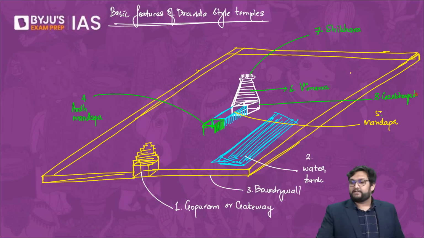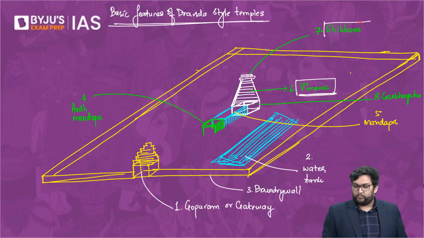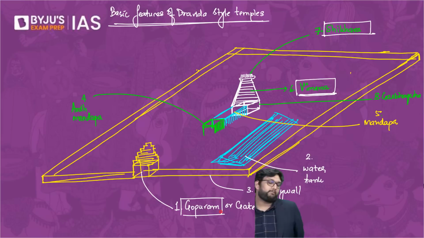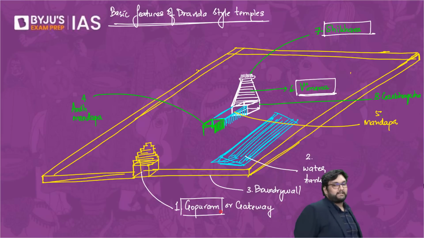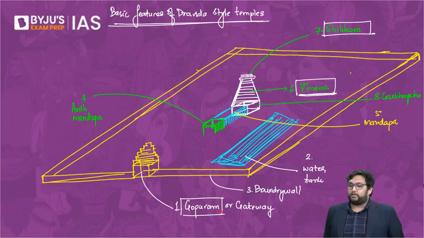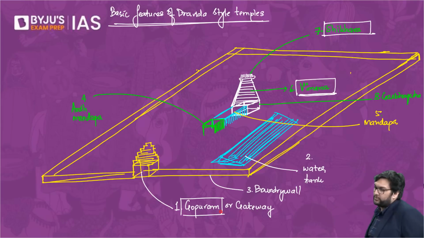So the main differentiation is here: Viman, Shikhara and Gopuram. These are three terms which you need to know because these are specific to Dravida style. So you have water tank, boundary wall, Gopuram gateway.